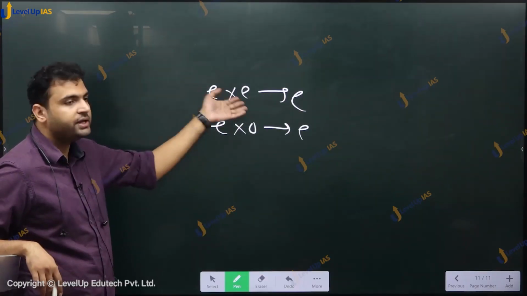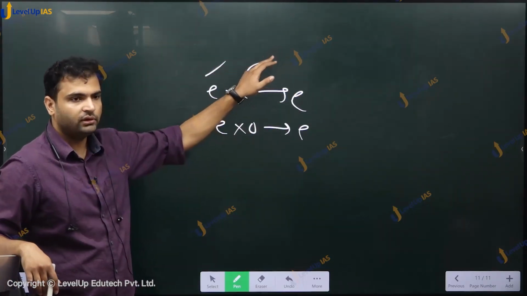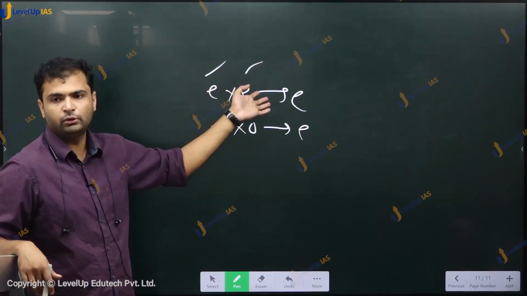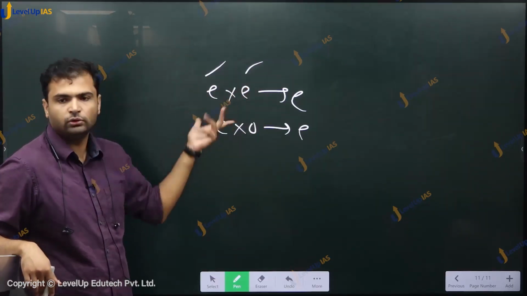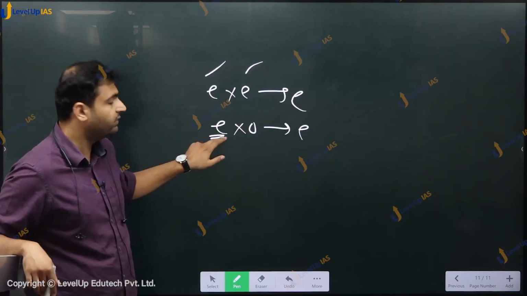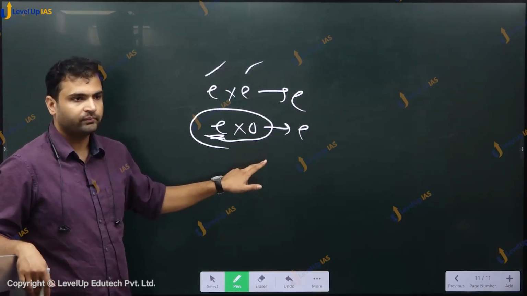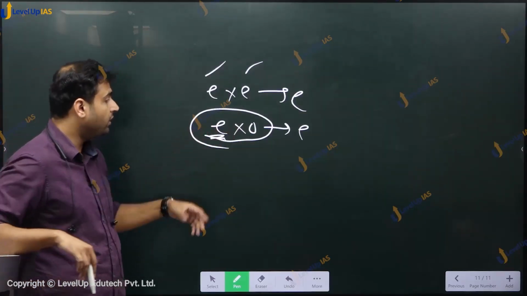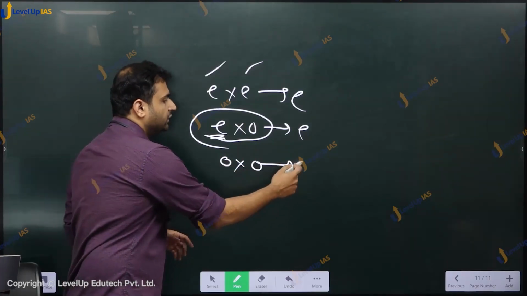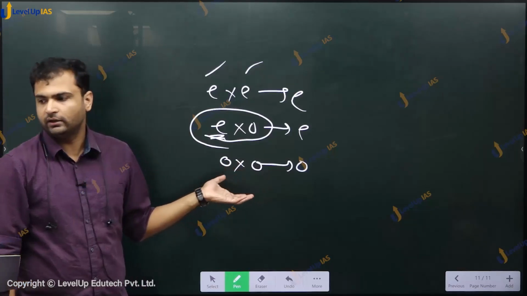So if 2 is a factor of this, it will be even. 2 is a factor of this one as well, so in fact this number would be divisible by 4. Here there is a 2, here also there is a 2, so it will be divisible by 2, it will be an even number. Again here you have an even number, so 2 is a factor of the multiplication as well. So even into odd or odd into even is an even number, and odd into odd will be an odd number because there is no 2 as a factor.